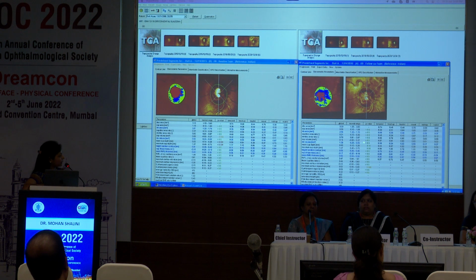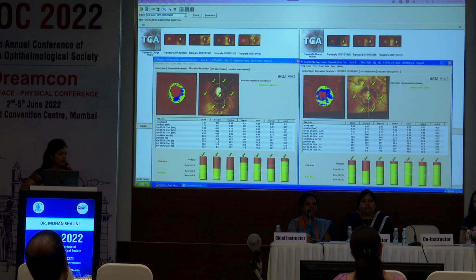So in this, it's almost remained stable, and only this parameter, that is the maximum contour depression, has changed over time. So this is how the Moorfield regression analysis is done. It will compare these sectors with the normal population. If it lies within the 95%, it gives you a tick.